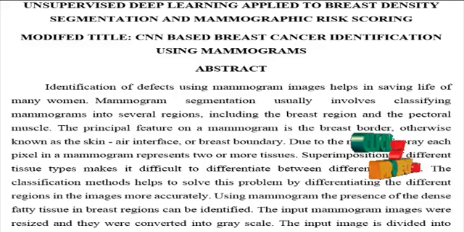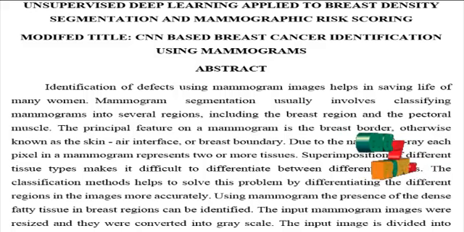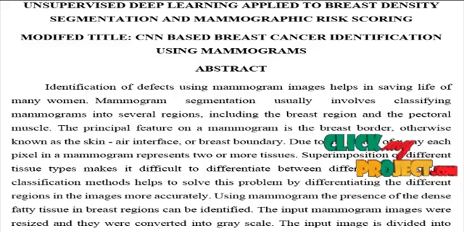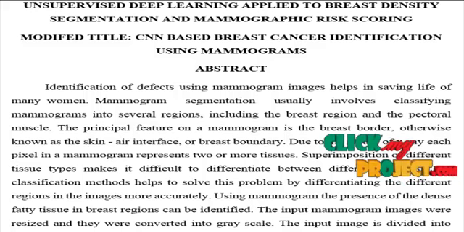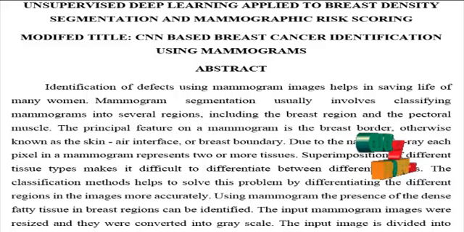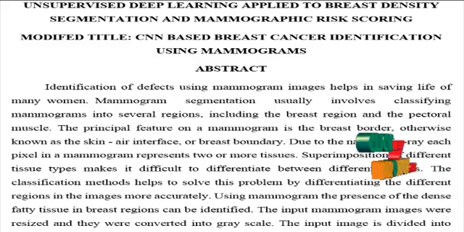Identification of defects using mammogram images helps in saving the lives of many women. Mammogram segmentation usually involves classifying mammograms into several regions, including the breast region and the pectoral muscle. The principal feature of a mammogram is the breast border, otherwise known as the skin-air interface or the breast boundary.